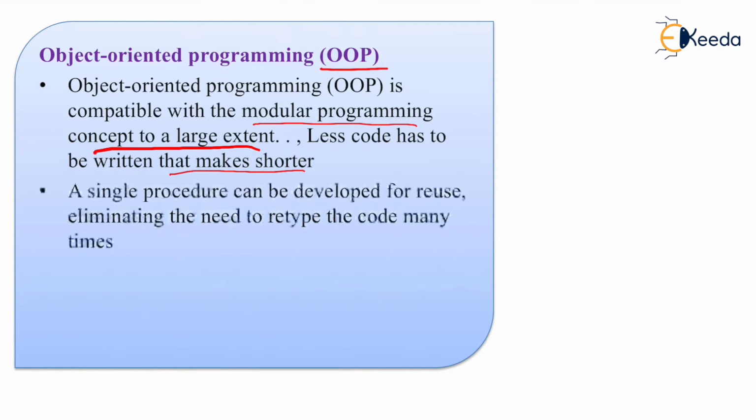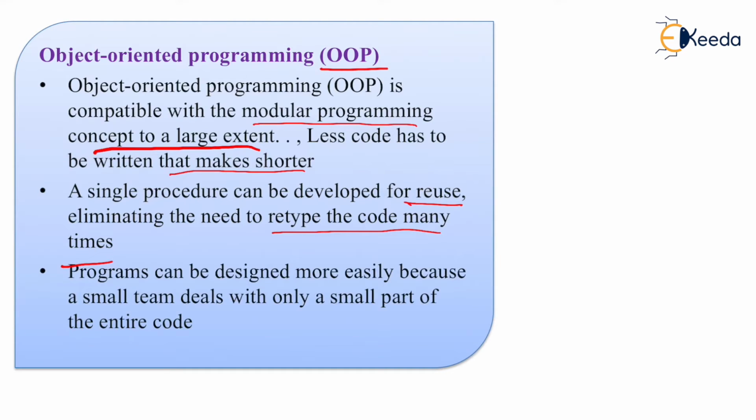A single procedure can be developed for reuse, eliminating the need to retype the code many times. Programs can be designed easily because a small team deals with only a small part of the entire code. That means the huge amount of coding, right?